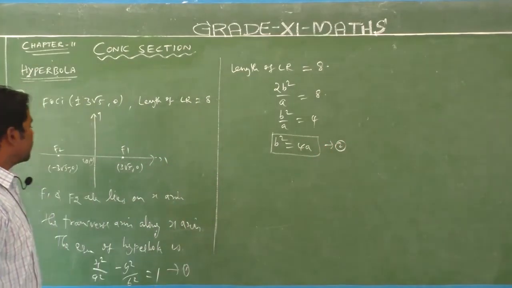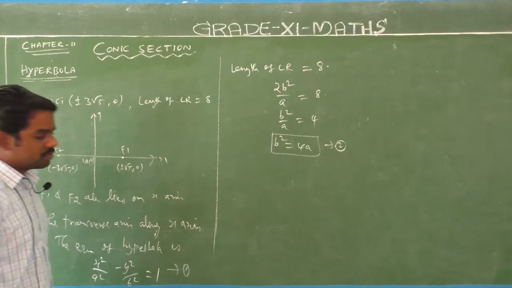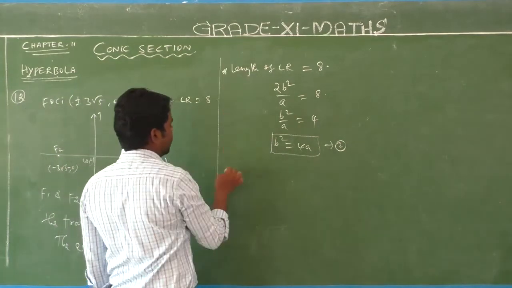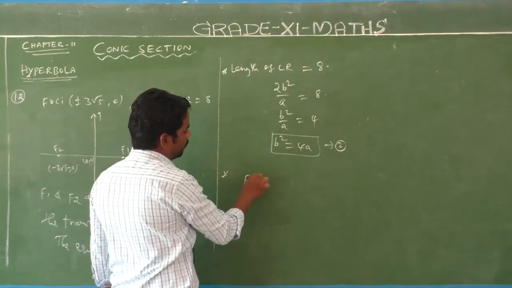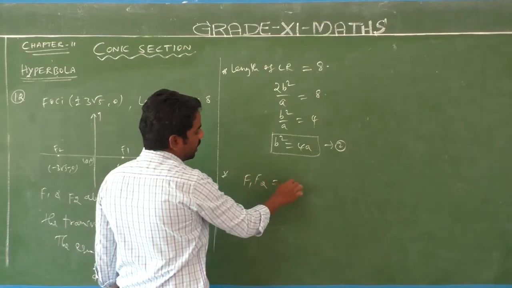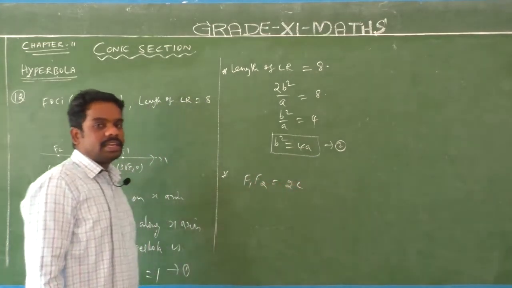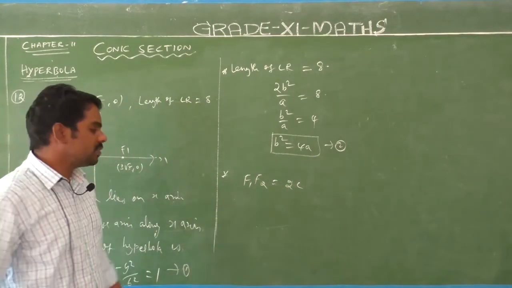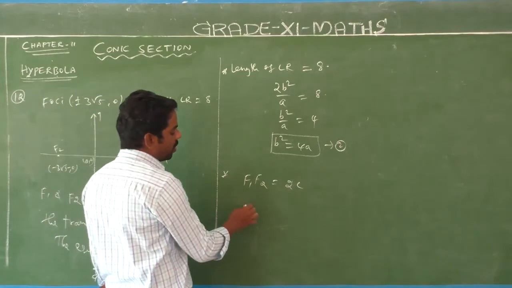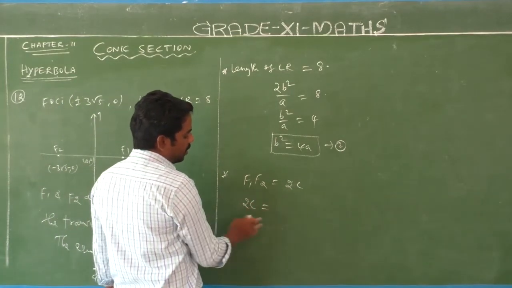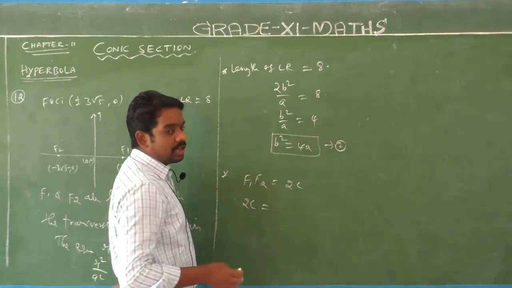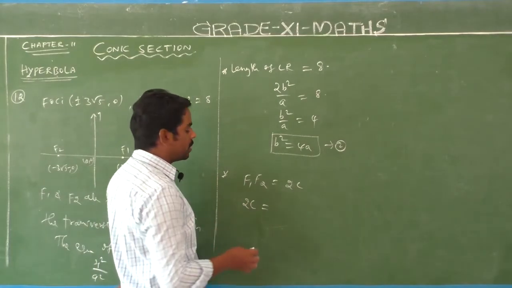Next, the distance between F1 and F2. The distance between the two foci is 2c. So 2c is equal to the distance formula: root of (x2 minus x1) whole square plus (y2 minus y1) whole square.